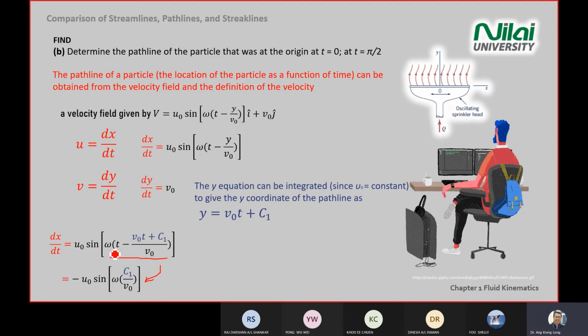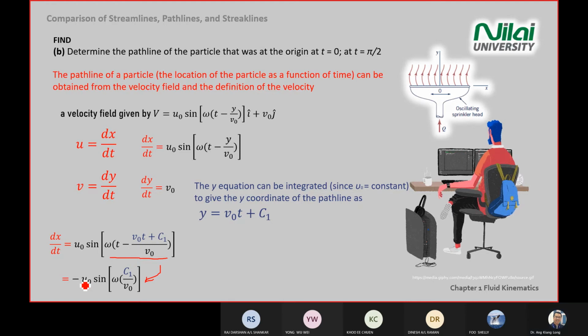With this on your screen here, you will see that if you substitute omega into the first one, and substitute omega into the second one, you can cancel omega t and omega t. You only have c1 over v naught times the omega, of course with the negative sign there.